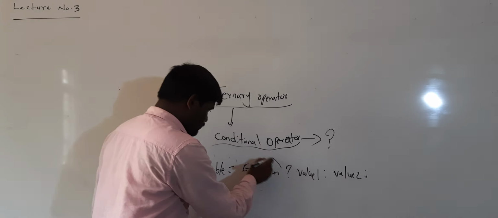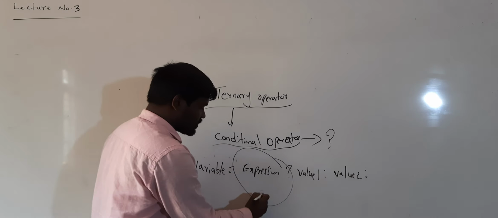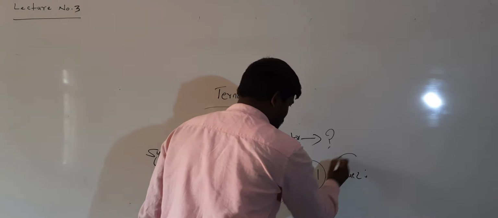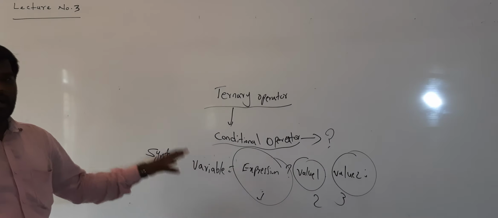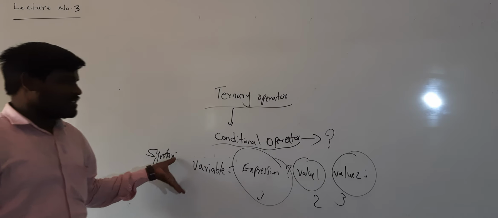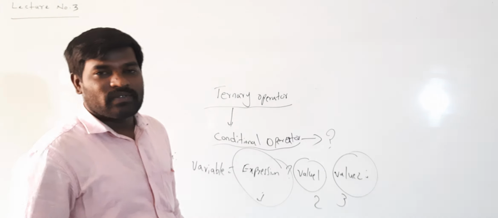Here the expression is the first operand, value 1 is the second operand and value 2 is the third operand. The conditional operator is the alternative to the if and else statement.